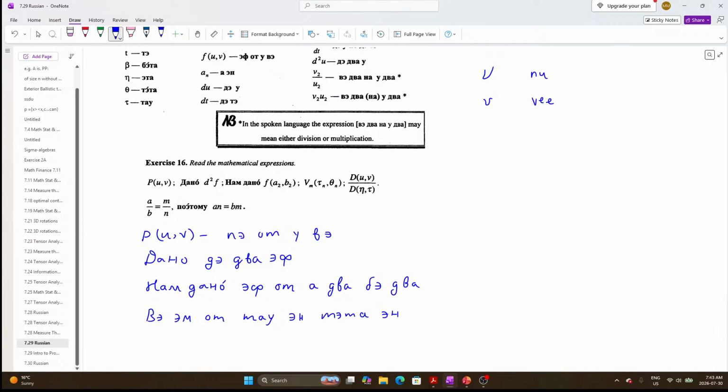Chat says also one might read d square f as d quadrat. It's like square, right? Quadratic. D quadrat f, or def v quadratie.